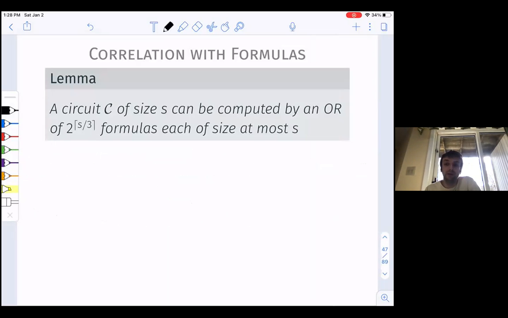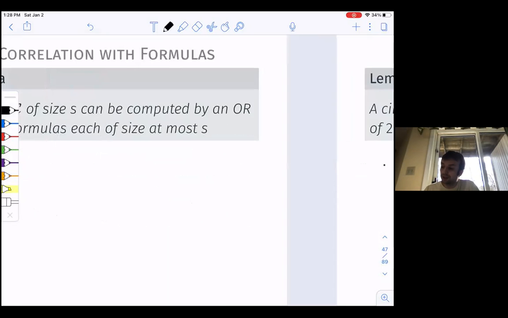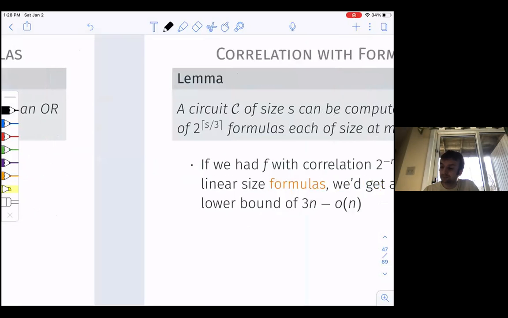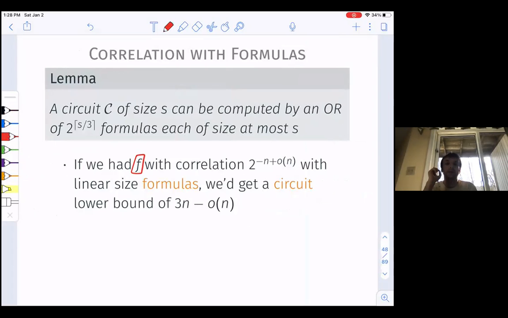Now, how could we use such a result for circuit lower bounds in principle? Imagine that we had a function f that has small correlation with all small formulas. Small correlation means whatever formula of linear size I take, it correctly computes my function f only on half of the inputs plus some sub-exponentially many inputs.